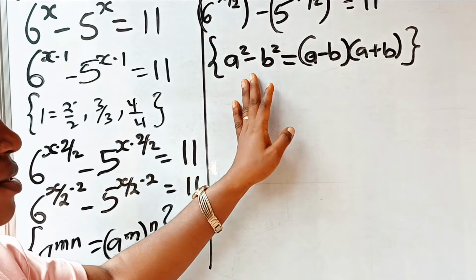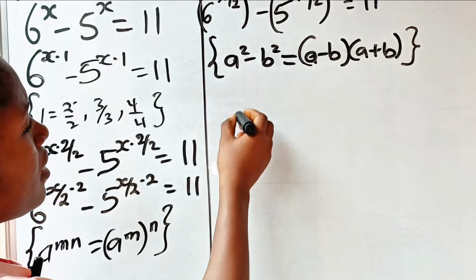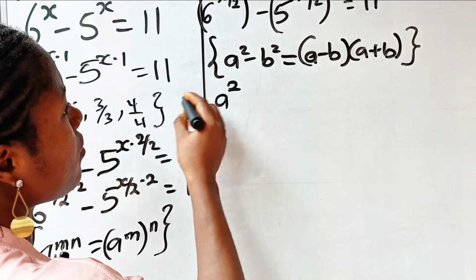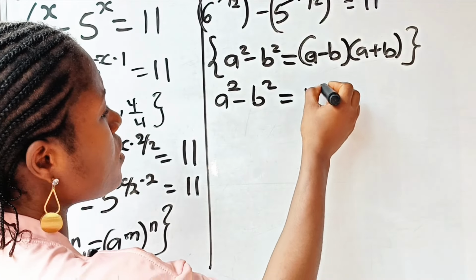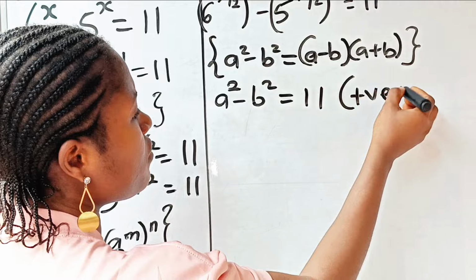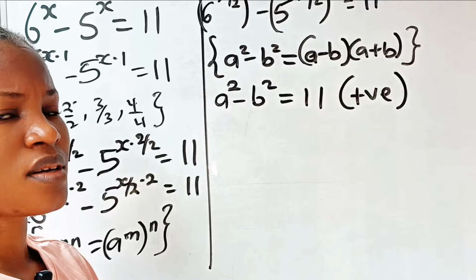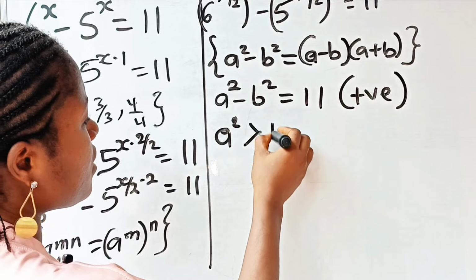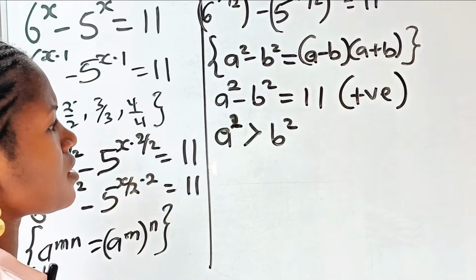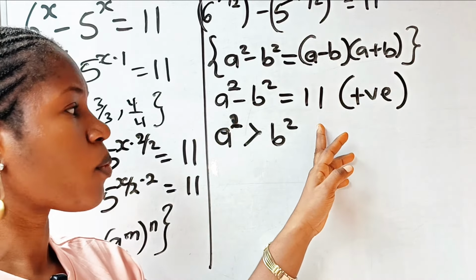Now, if you look at this, you can see that in this our case, a squared minus b squared is equal to 11, and 11 is a positive number. What does that tell us? That tells us that a squared is greater than b squared, because that is the only way we are going to get a positive result, right?